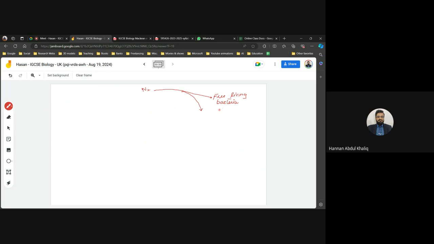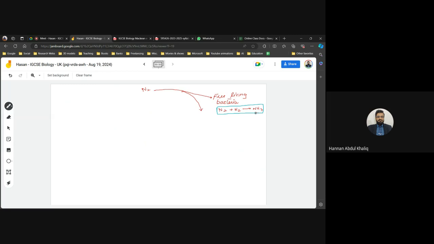They combine the nitrogen and hydrogen into ammonia. This process is called nitrogen fixation. Remember, this particular procedure is nitrogen fixation. After this, we are going to process it, but now it is usable.